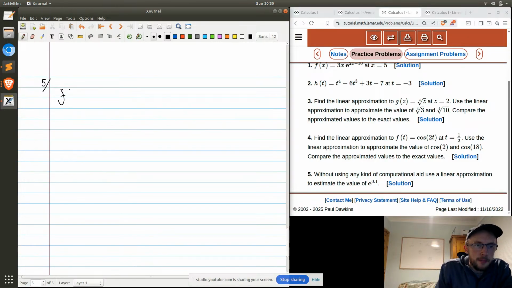Nope, that's not going to work, is it? Don't know what you're talking about. I do not see how linear approximation will help me get that.